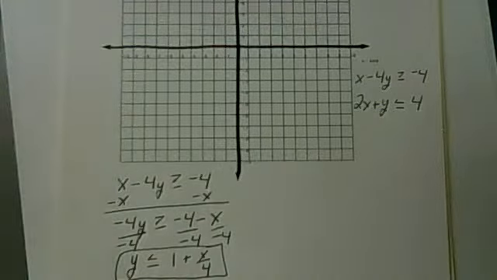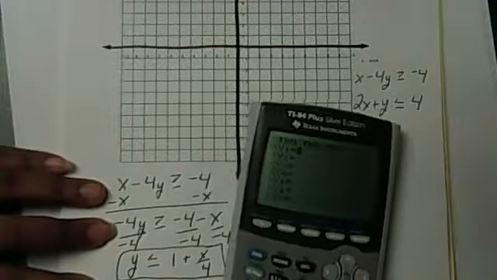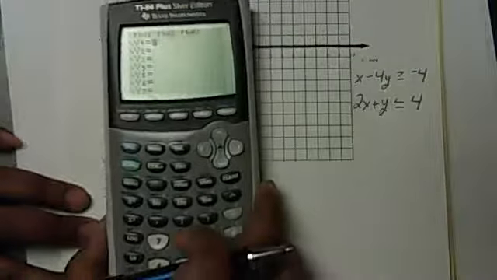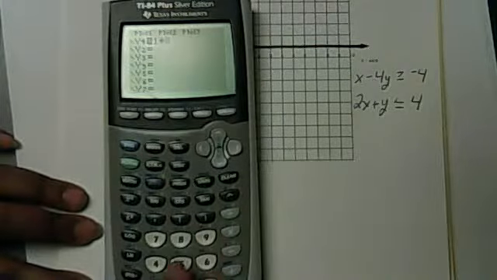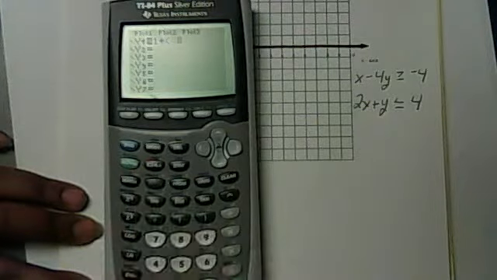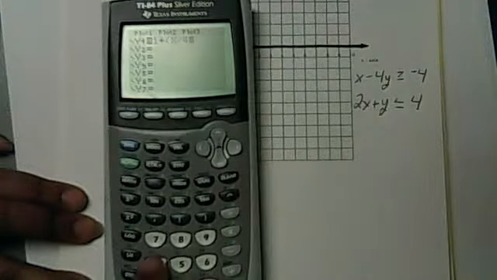That's the first one that you want to put into your calculator, which I'm going to do now. So I'm going to put in my 1 plus x over 4. As you can see, 1 plus, I always use parentheses for my fractions, x over 4.